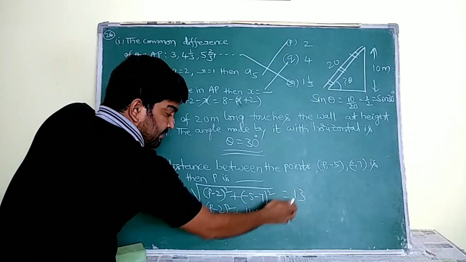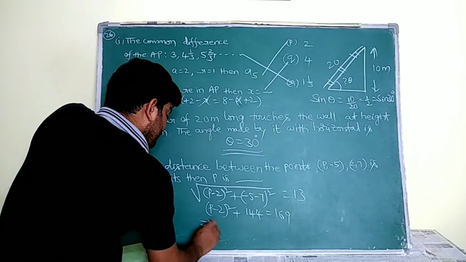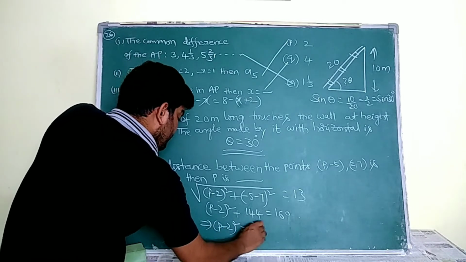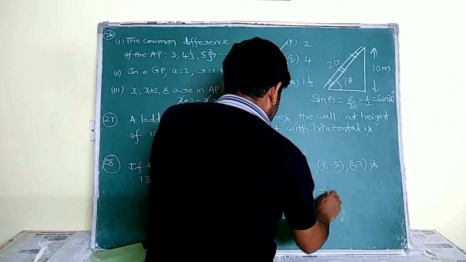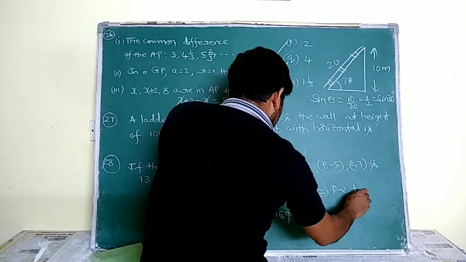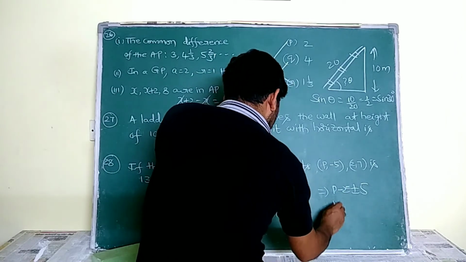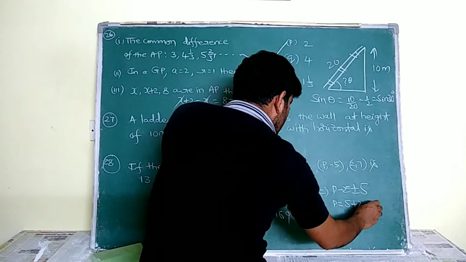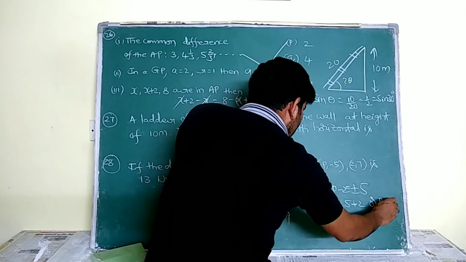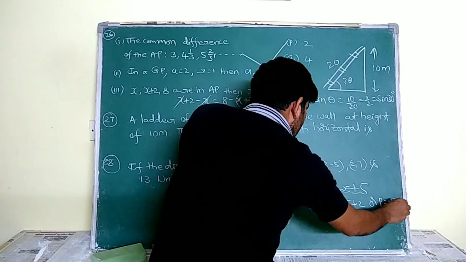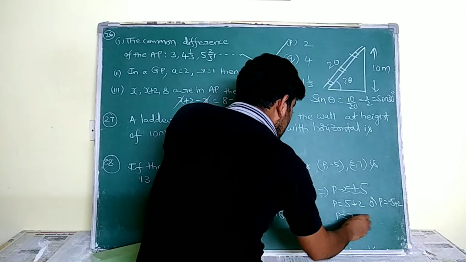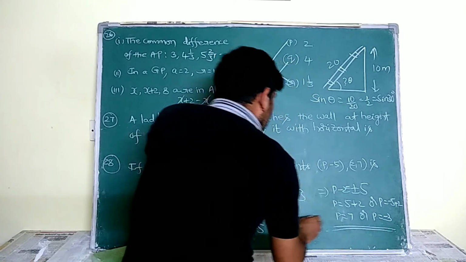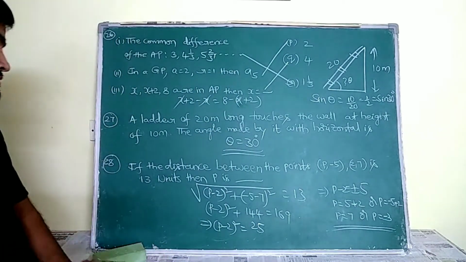Because see, 13 square means 169. So see, p minus 2 whole square is equal to 25. So that implies p minus 2 is equal to plus or minus 5 ma. So p is equal to 5 plus 2 or p is equal to minus 5 plus 2. So that implies p is equal to 7 or p is equal to minus 3. Okay, understood ma? These are the answers for p.